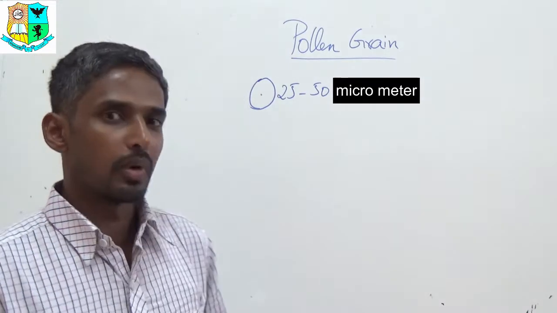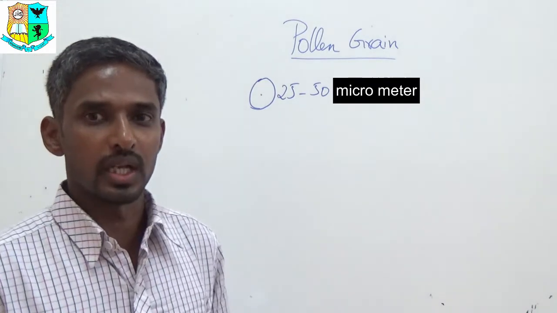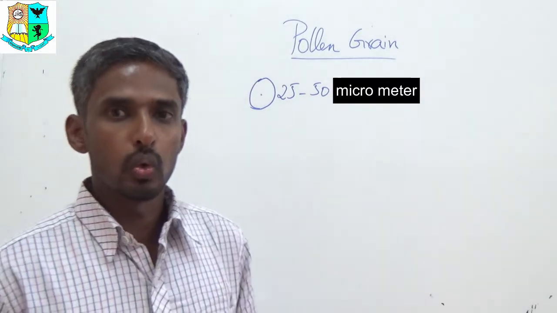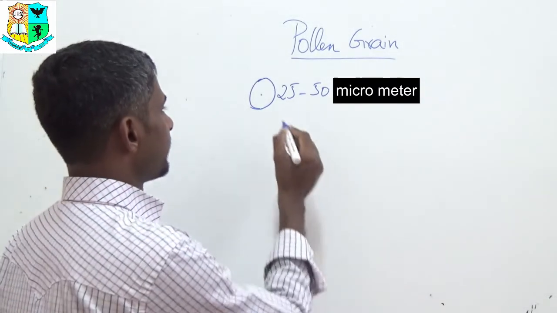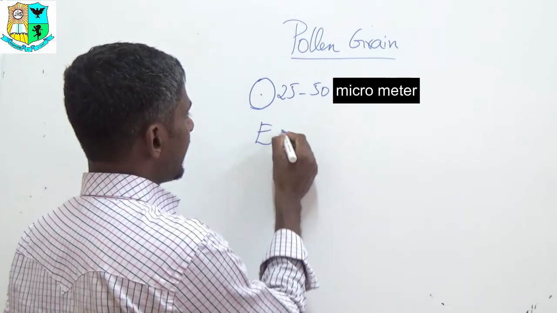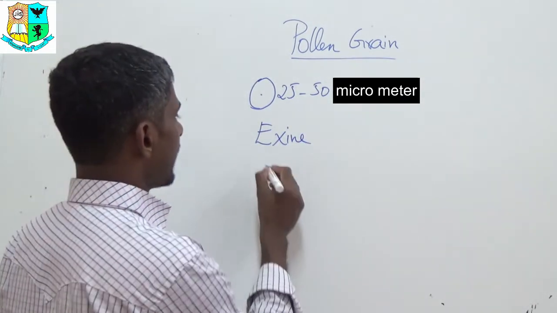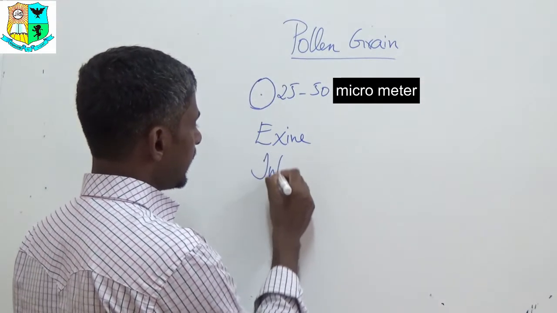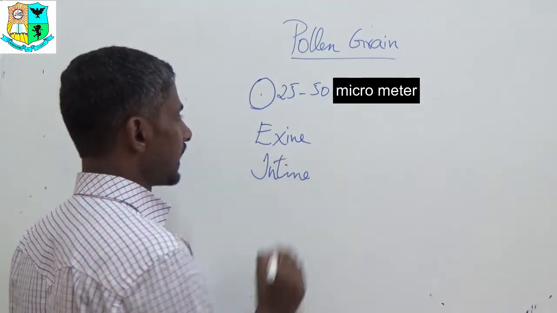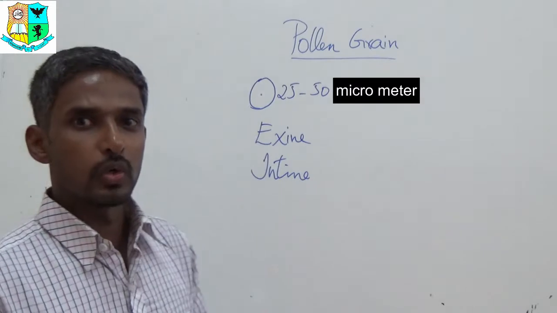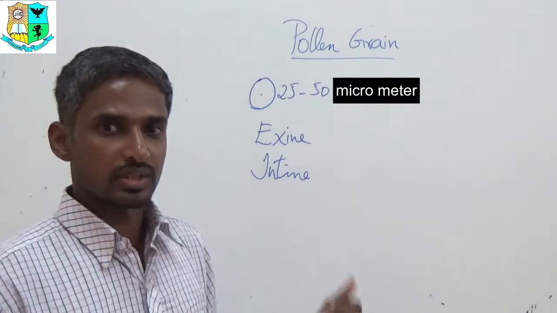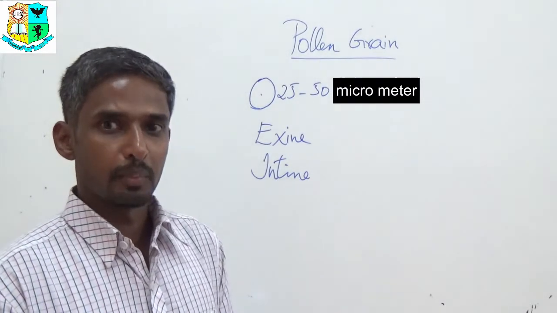This pollen grain is made up of 2 important layers. The first layer is called the exine, because it is outside, and the next layer is called the intine, because it is the inner layer. So these are the 2 important structures that we find in pollen grain.